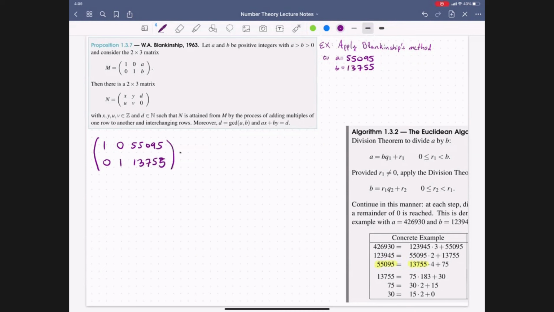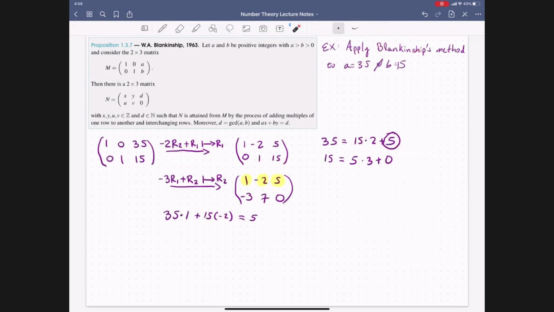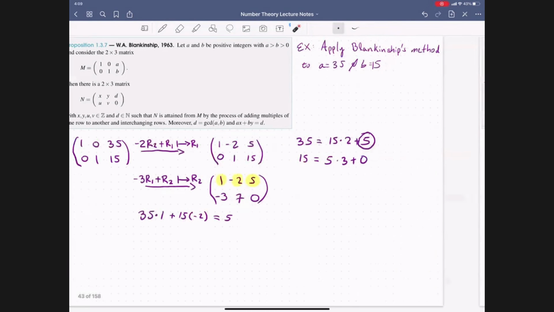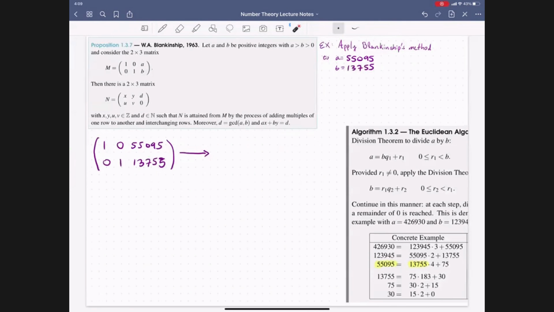And let's take inspiration from what we just did with the previous example. In the previous example, we saw that the negative 2 and the negative 3 were corresponding to the steps when we applied the Euclidean algorithm. So with that in mind, we see that the entry for the q was 4, 183, 2, and 2.